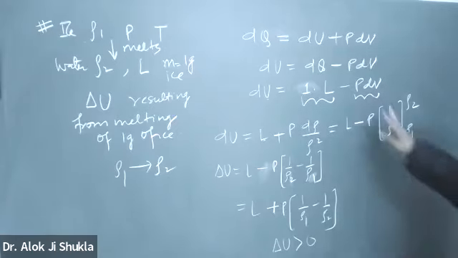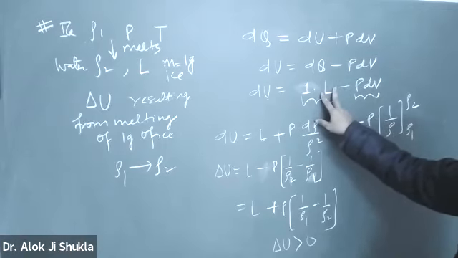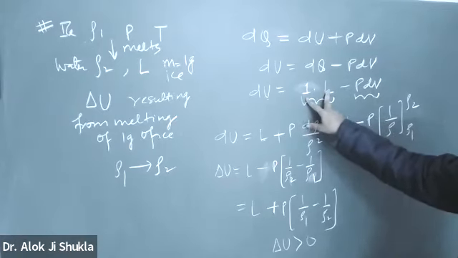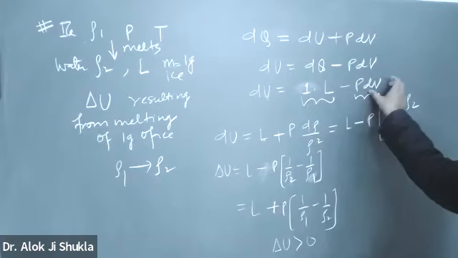For integral, you should have d of something, na? This is a number. So that means this will remain constant, only this will be integrated.